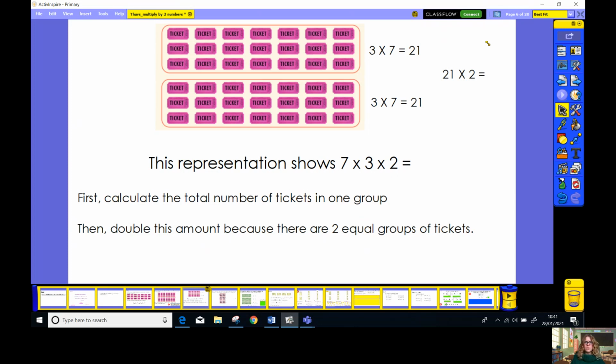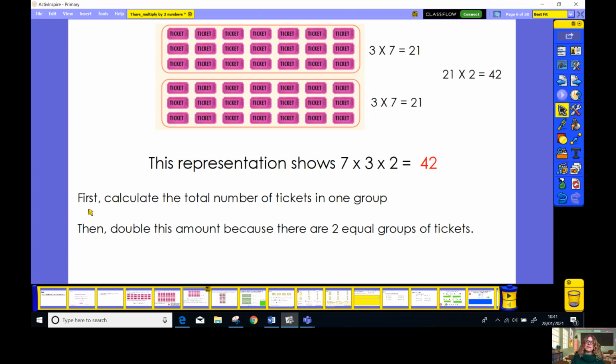I know what 2 lots of 20 are, that's 40. I know what 2 lots of 1 are, that's 2. So I add them together and I have 42. There are 42 tickets in total. So 7 multiplied by 3 multiplied by 2 equals 42.